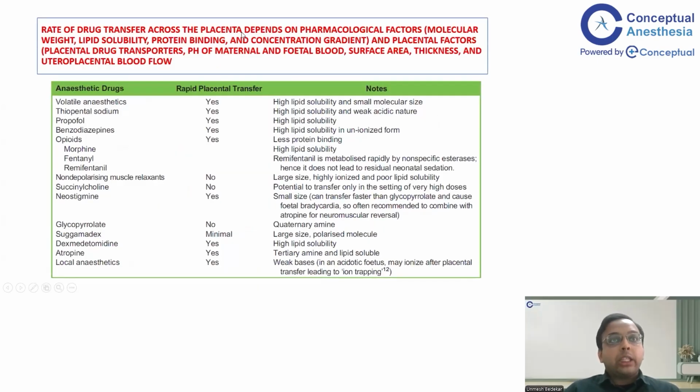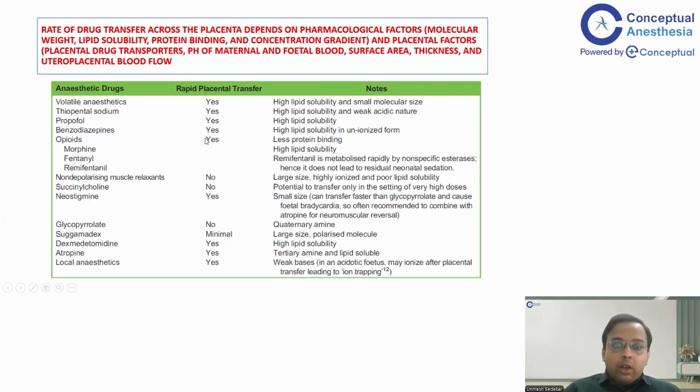The rate of drug transfer across the placenta depends on pharmacological factors, that is molecular weight, lipid solubility, protein binding, and concentration gradient. The placental factors involved are placental drug transporters, the pH of maternal and fetal blood, surface area involved, thickness, and uteroplacental blood flow.